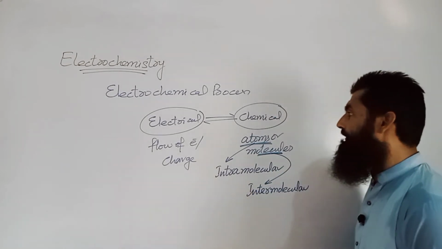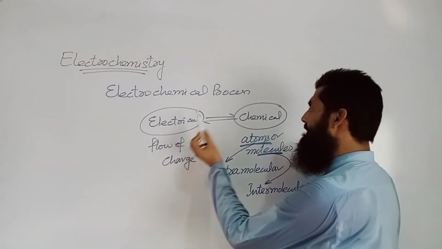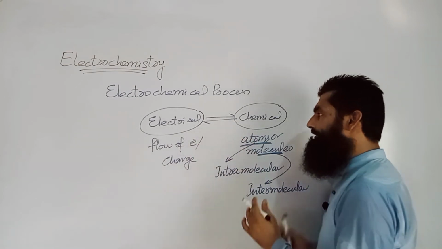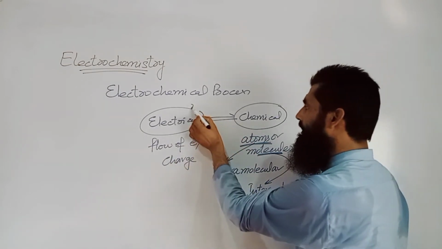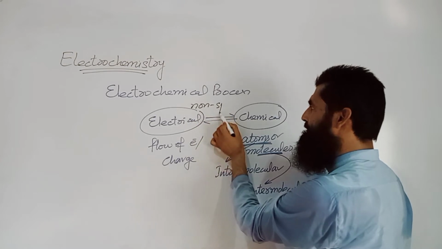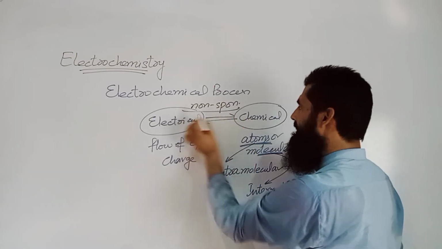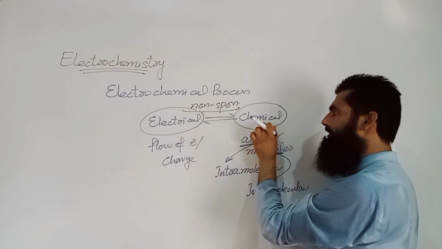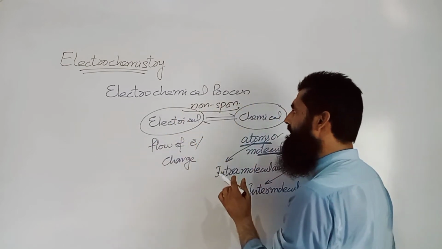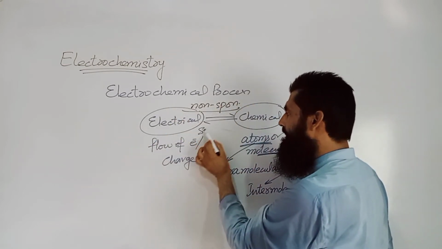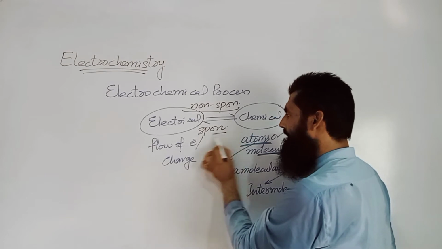The conversion of electrical energy into chemical energy is the result of a non-spontaneous process, whereas the conversion of chemical energy back into electrical energy is the result of a spontaneous process.